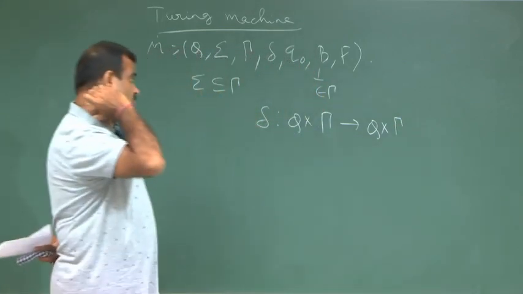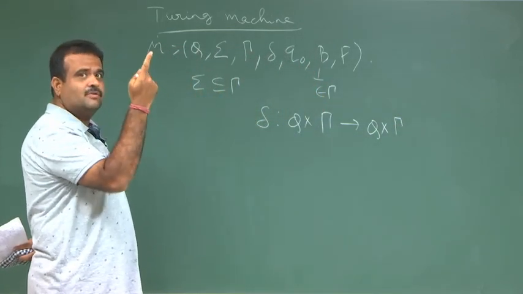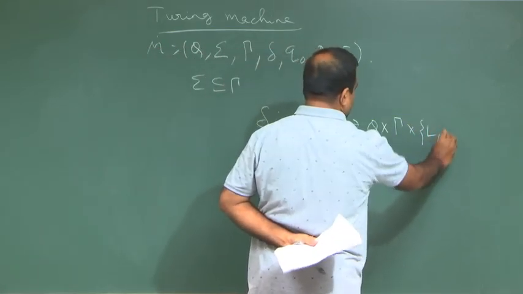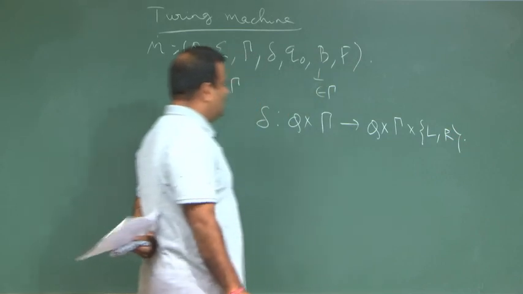This machine has a capacity to write. So, it is reading a symbol, it will write a symbol, and then it will decide to move the tape head left or right.